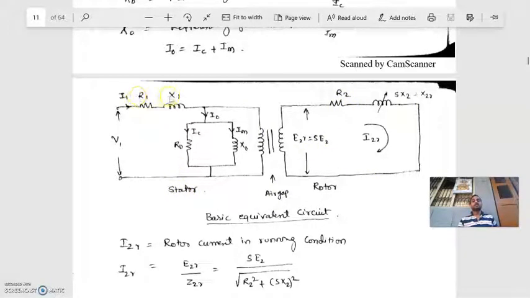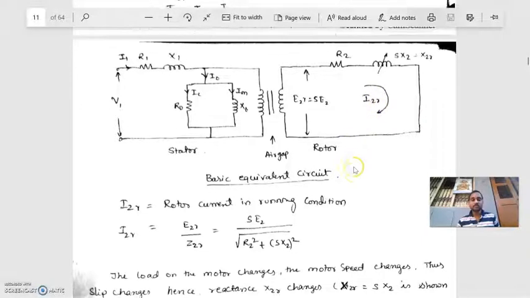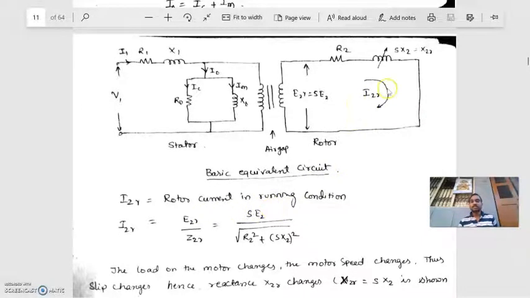In the stator we have R1 and X1, and similarly the no load components R0, X0, I0, IC and IM are shown. On the secondary side, R2 is a constant quantity and X2 is a variable quantity, because with respect to the load the slip also varies, so you have to write X2R equal to S into X2. Similarly the current flowing in the circuit is called I2R, the rotor current under running condition.